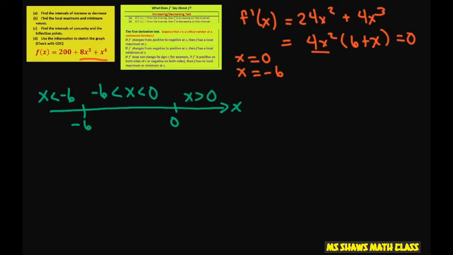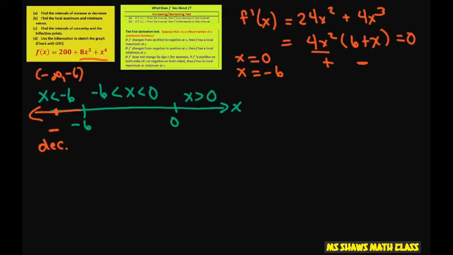Okay, so we're going to just test some values. If we plug in, let's say, negative 7 on this side, a number less than negative 6, this is going to be positive, this is going to be negative. So this is going to be negative, which means it's decreasing on this interval from negative infinity to negative 6.